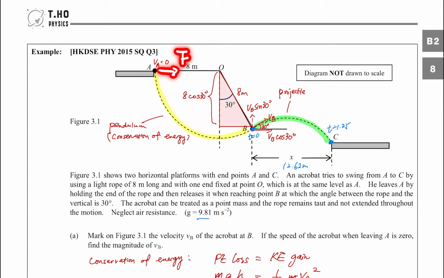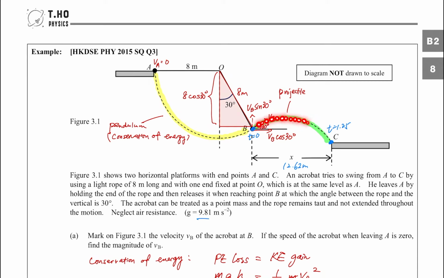Because the tension of the string always acts perpendicular to the speed. When a force acts perpendicular to motion, there is no work done. So the acrobat would not gain or lose any total mechanical energy. It would just be converted from PE to KE, but the total amount is the same.